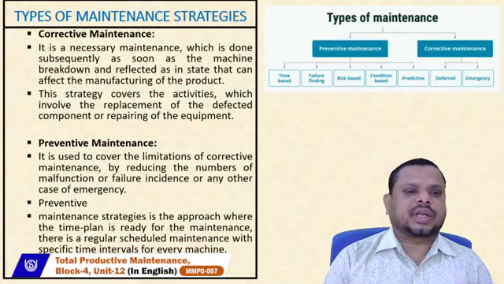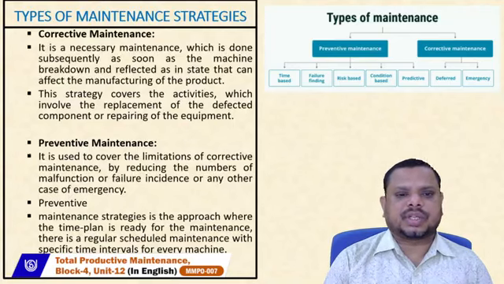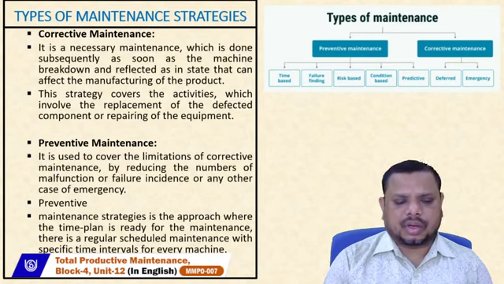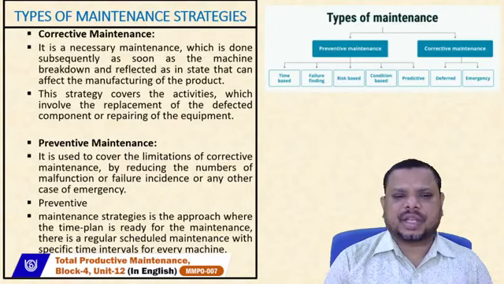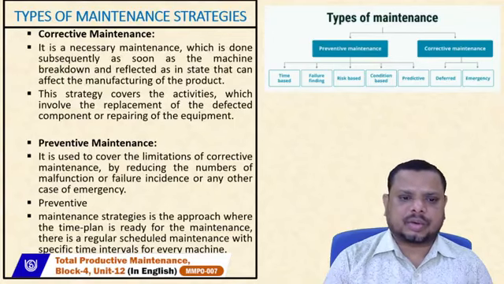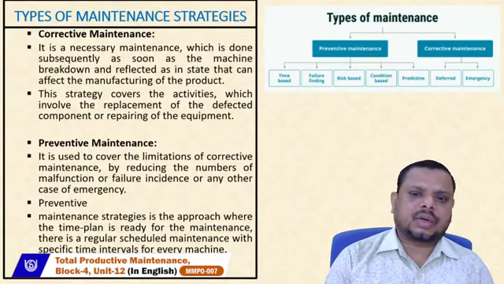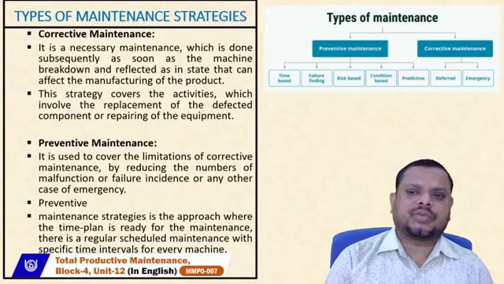This strategy covers replacement of defective components or repairing of equipment. In most cases they simply go for replacement of the component, which saves a large amount of time, rather than repairing, which requires much more time.